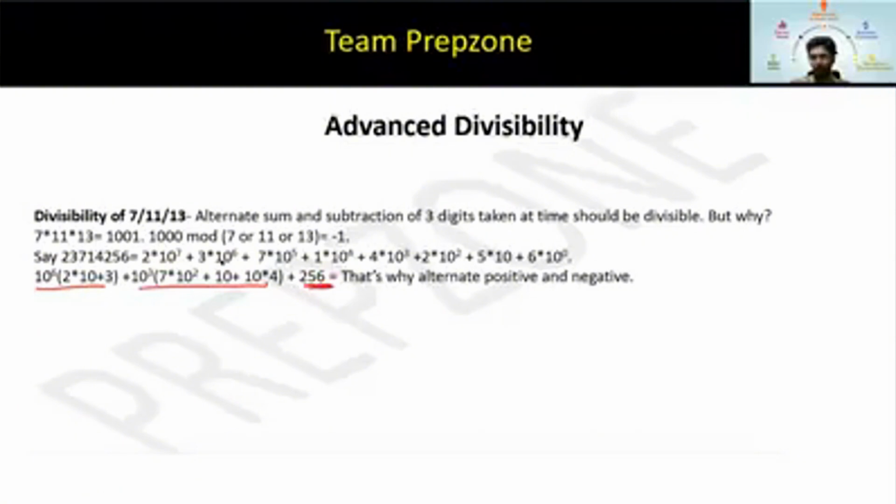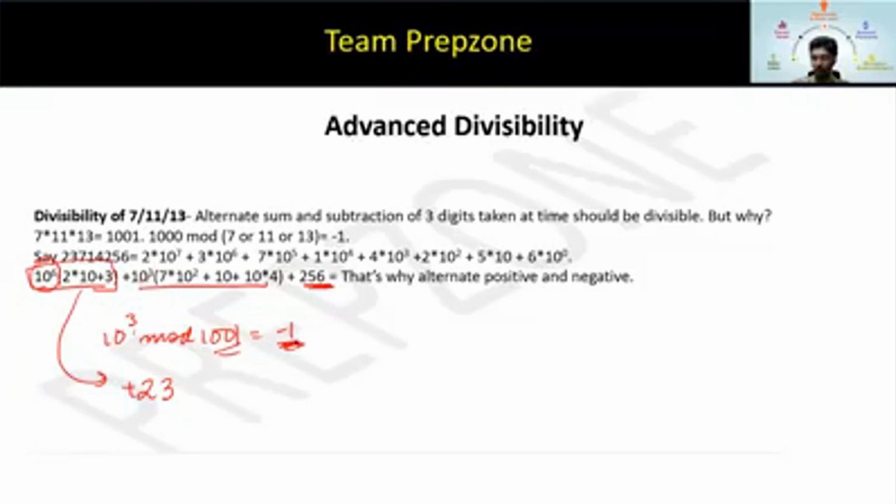Now let me separate it out. If I divide this by 1001, what will I get? Because 10 cube mod 1001 is minus 1, right? 10 to the power 6 mod 1001 will be what, Manali? Plus 1. So this part will become plus 1, and this will be as it is, 23, and this will become, 10 cube mod 1001 will be what?